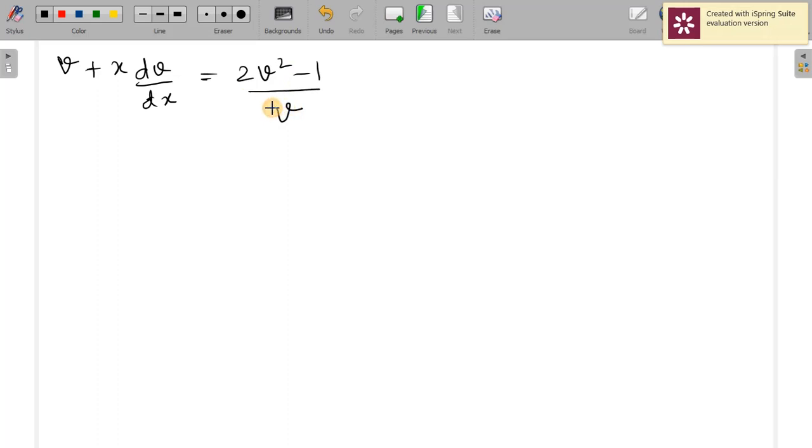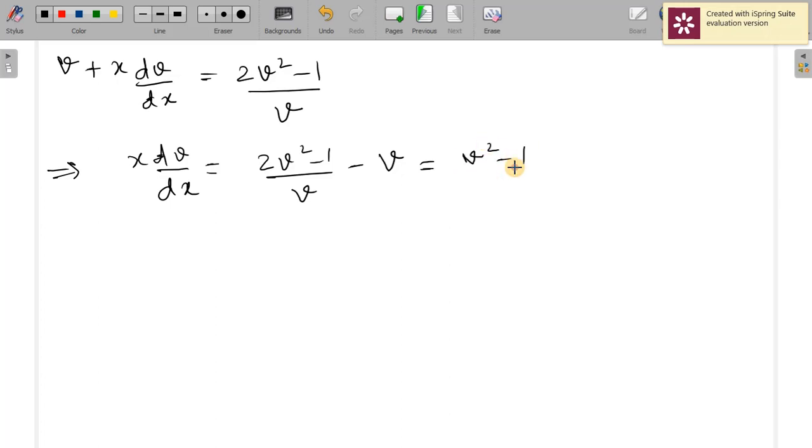I'll take this v to the other side, so that's the same as x dv by dx equals (2v² − 1) by v minus v, which is the same as (2v² − 1 − v²) by v, and that will be (v² − 1) by v.